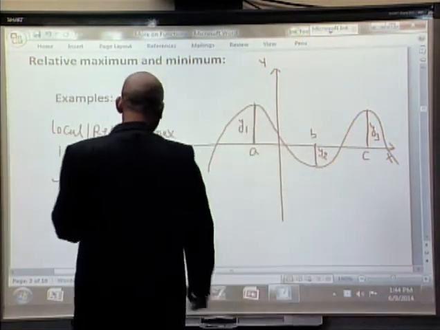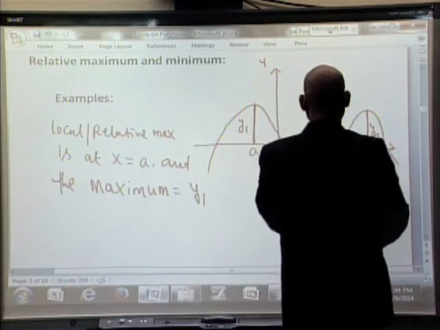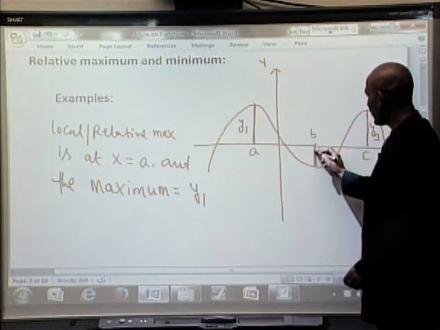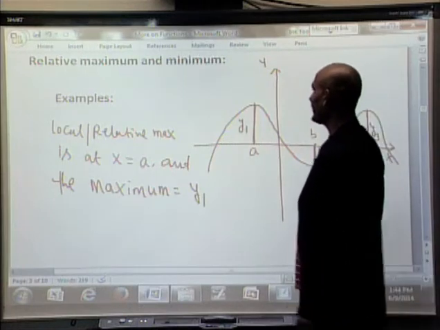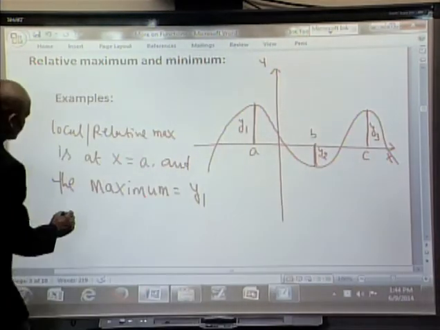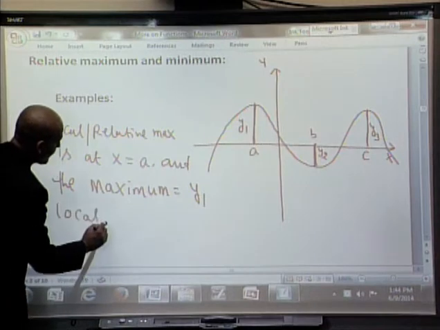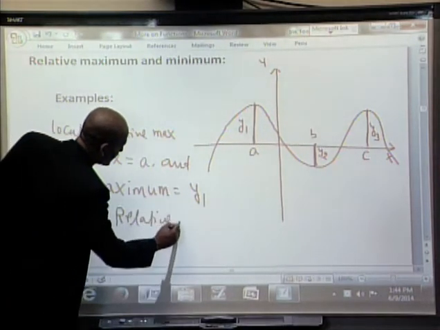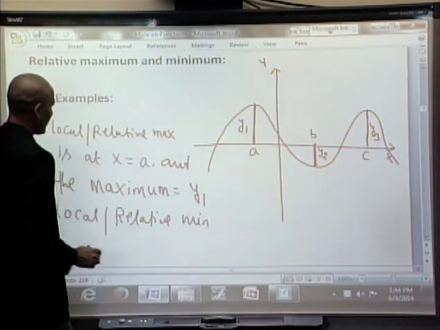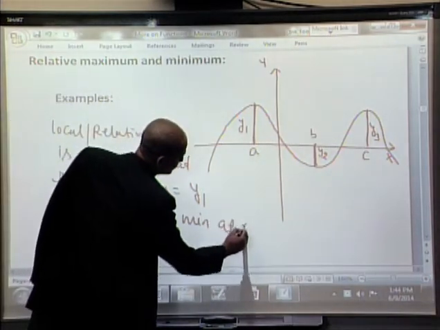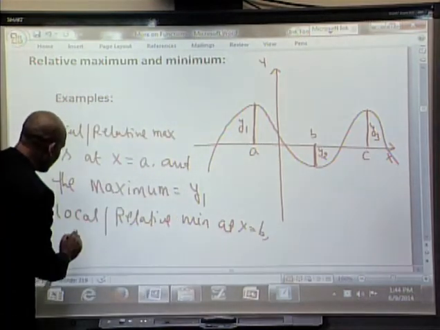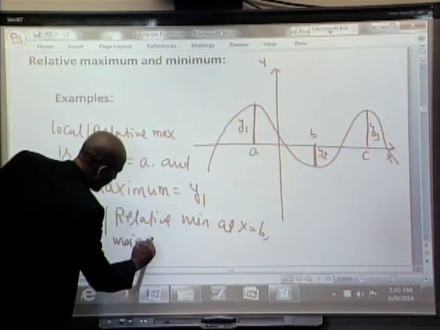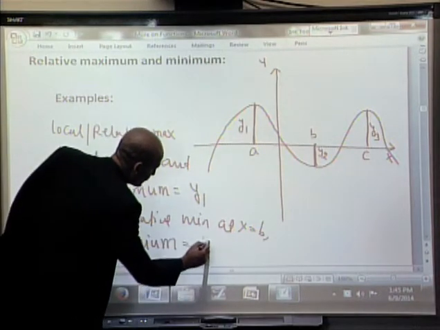Now, if I look around b, this is the minimum. The function is not going any lower than this point. So I can say local or relative minimum at x equal to b, and the local minimum value is equal to y2.